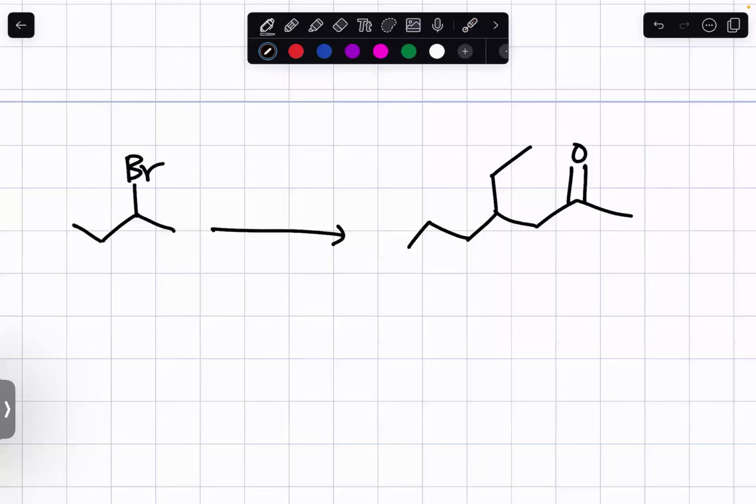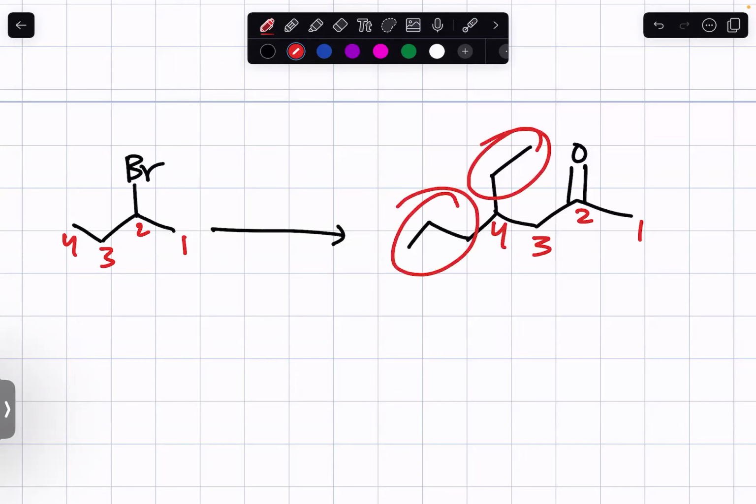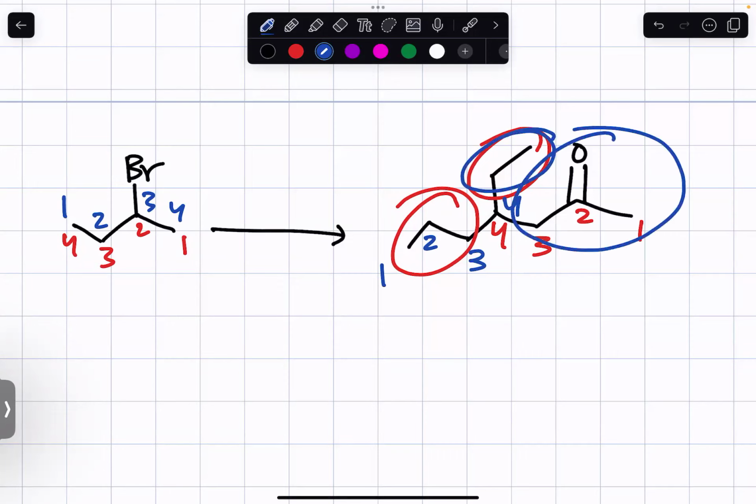Like if you say this is 1, 2, 3, 4, you can say that is your 1, 2, 3, 4 right there, and then these are the new groups here, right? Or you could say this is your starting material here, 1, 2, 3, 4, and this is your starting material here, 1, 2, 3, 4, and then these are your new groups here. Right, you could do either way. And then whichever reactions you could think to make those things, and it works, then it will work for synthesis. Whichever is easier that you could think of.